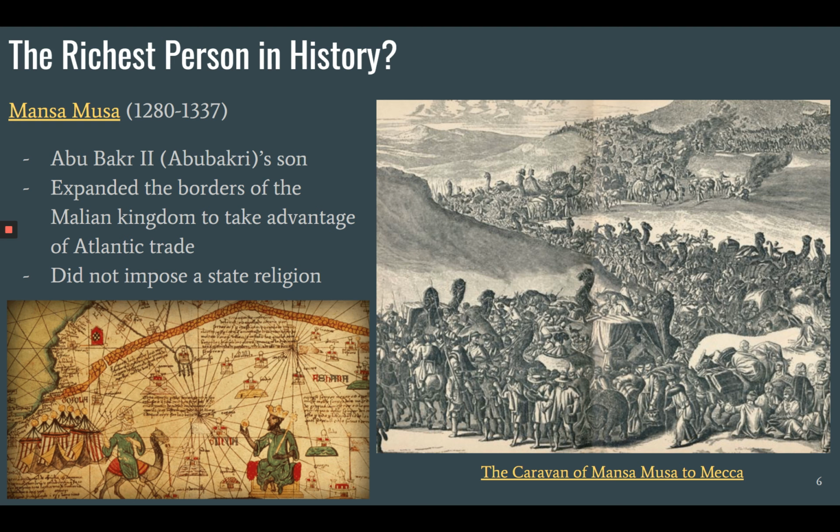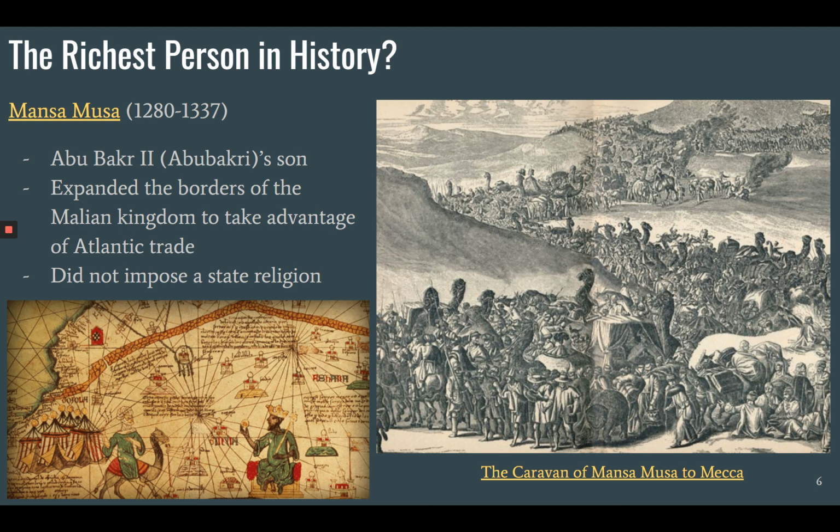And he's the son of this oceanic explorer who continued to expand the borders of his kingdom to try to take advantage of Atlantic trade. So kind of a chip off the old block here. Like his father, he had a keen interest in using the ocean, the Atlantic Ocean in this case, to gain wealth and to gain prestige and power for his kingdom.